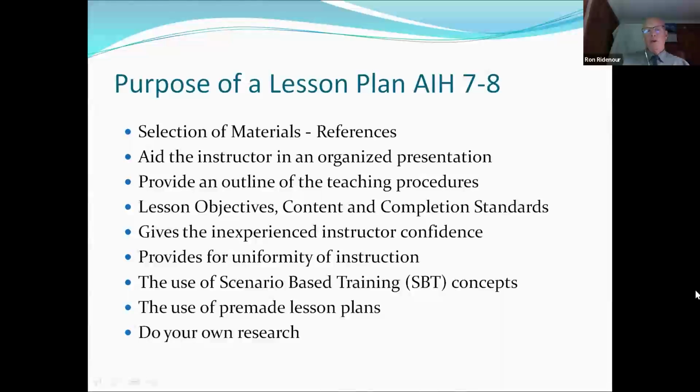So it's important that you reread the concepts that you want to teach, so that you can refresh your memory about what those are.